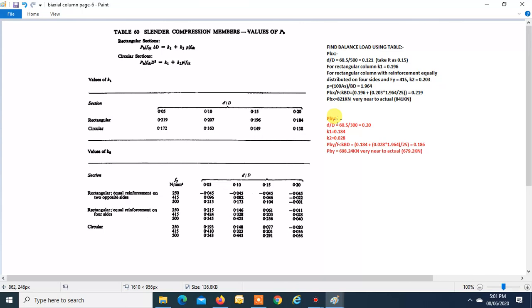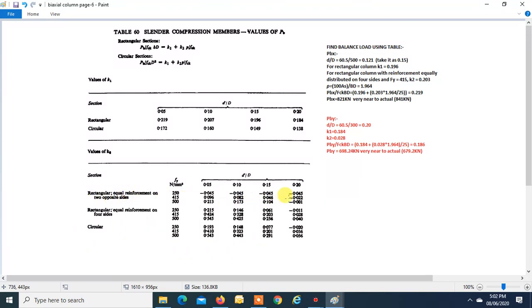you have to follow the same criteria. D by D is equal to 0.2, K1 is 0.184 for a rectangular section. K2, again, I am taking as 0.028. Actually, for finding PBY, you can take this criteria because about the minor axis the reinforcement is equally distributed on both sides.